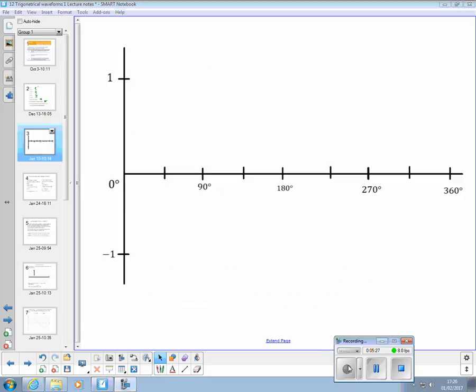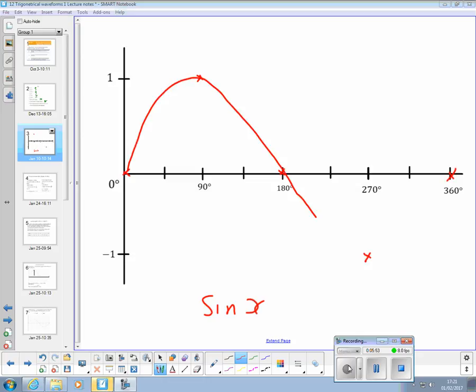Right guys, listen, sine wave, sine x I'm going to do in red. We've already looked at the points. Sine of x at 90 is 1, is 0 there, is 0 there, is minus 1 at 270 and there. So you should have a function that looks something like that.